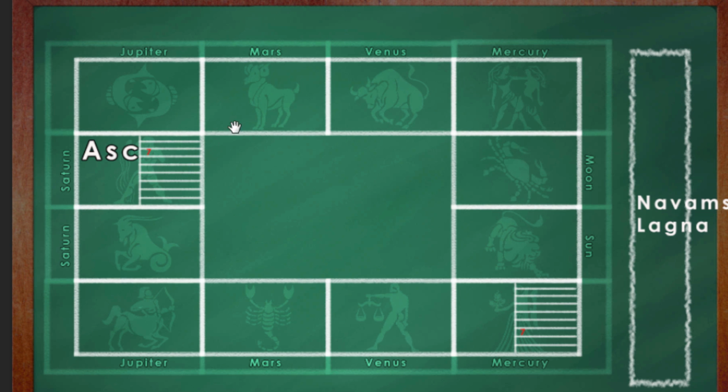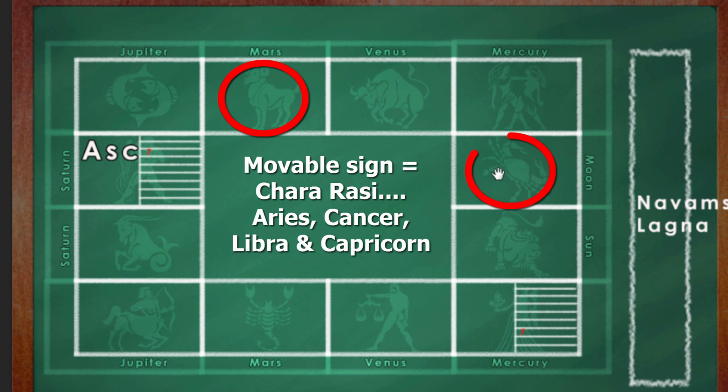Now this sign, which is Aries, is a mobile sign, and this one over here, Cancer, is a mobile sign, and Libra is a mobile sign, and Capricorn is a mobile sign. The starting point of the Navamsa counting in the Navamsa chart always starts from any of these 4 mobile signs only. Never does it start from any other place.